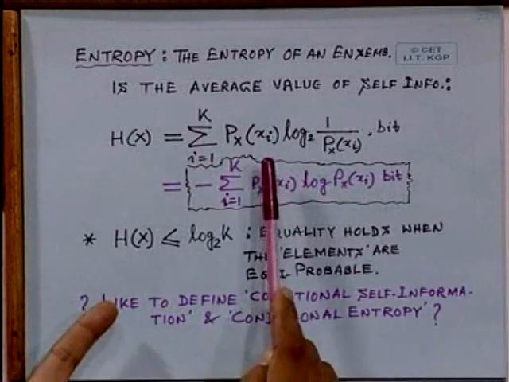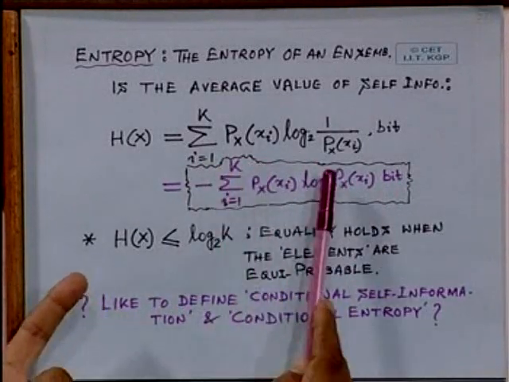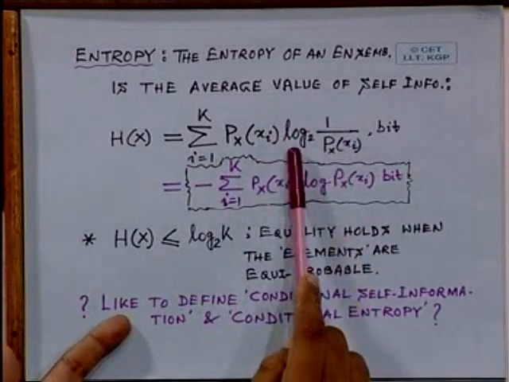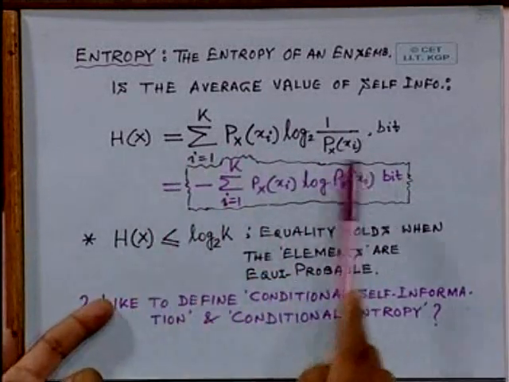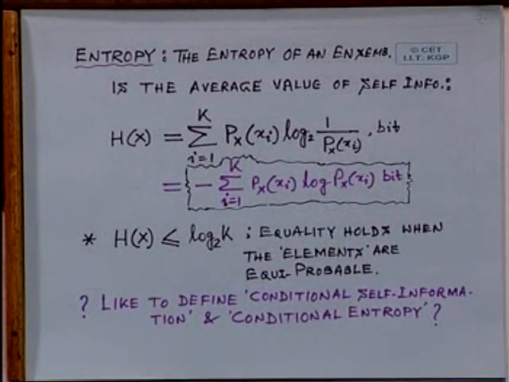If you remember the general expression for statistical averaging and the fundamental expression for information, you can on your own write the expression for entropy. Summation of P(xi) log 1 upon P(xi), or minus summation P(xi) log P(xi), unit is the same, bit, with a base of 2. So entropy can be defined over one ensemble, whereas average mutual information needs a joint ensemble.